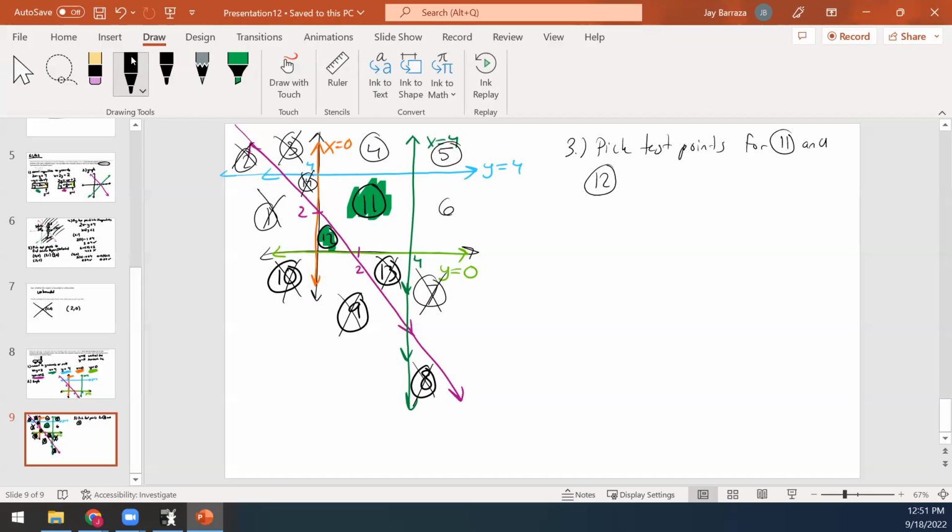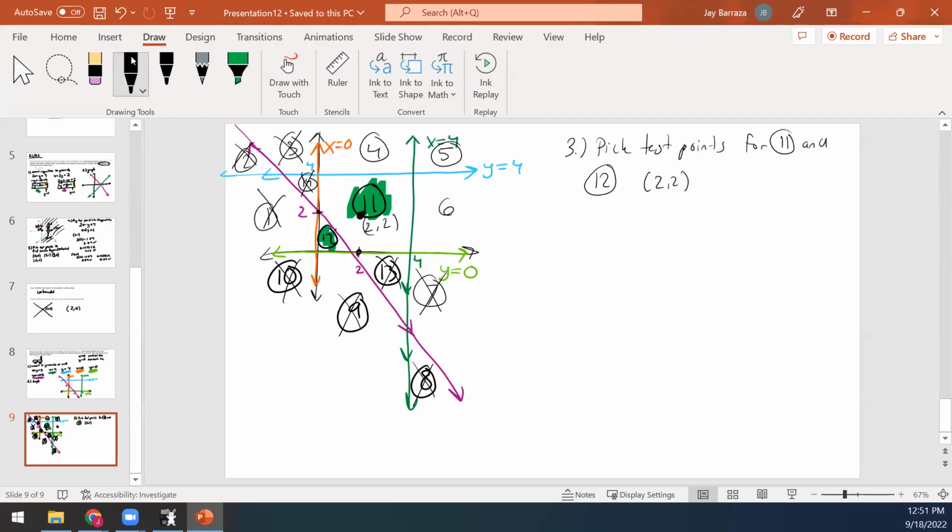Okay. So I'm going to pick 2 numbers. So notice that this is 0, 2, and this is 2, 0. So right here would be 2, 2. So I'm going to use the point 2, 2.